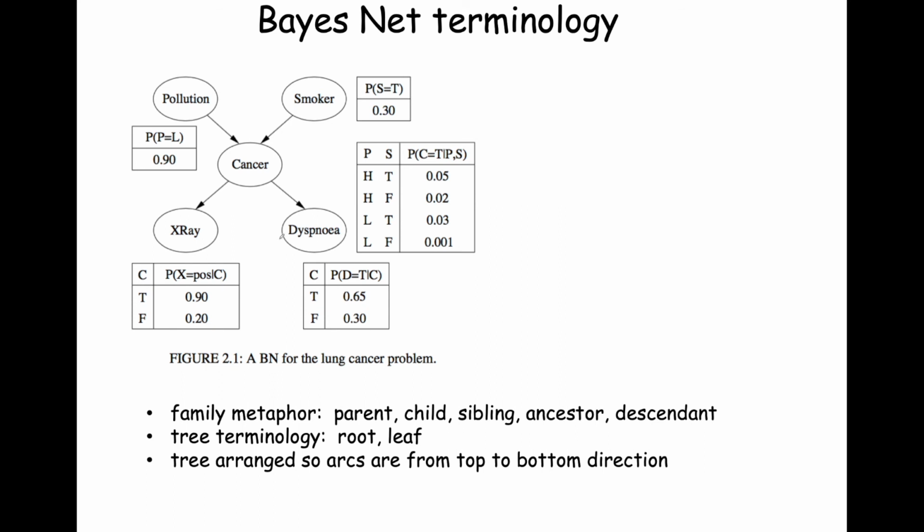So we always arrange these trees, these graphs, so that the arcs are in a top to bottom direction. And so here, pollution and smoker are the root nodes. We traverse these directed edges in a bottom direction until we get to the leaf nodes, which are always at the bottom. And the leaf nodes, by definition, from graph theory, are those nodes that do not have any children.